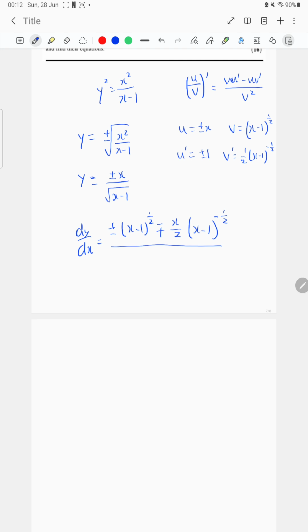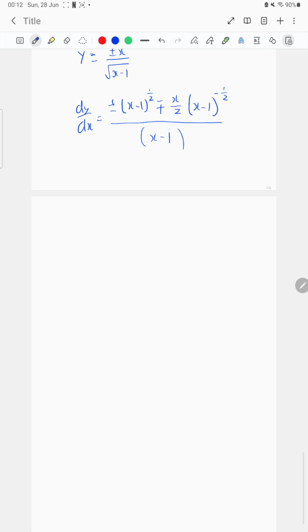Over v squared. So v is x minus 1 to the power of a half, so squaring it, that's just x minus 1. Let's simplify the expression.